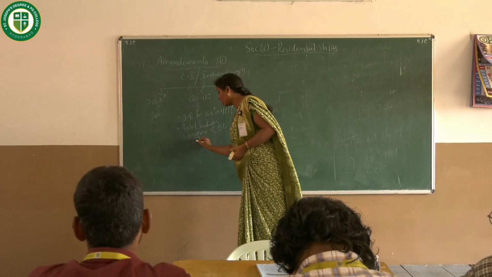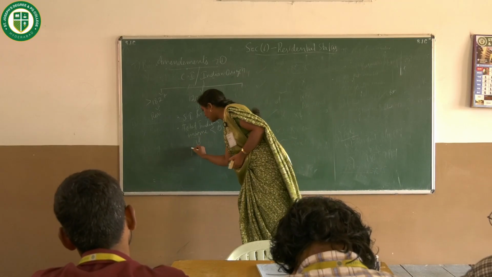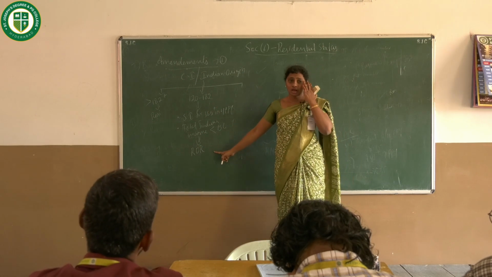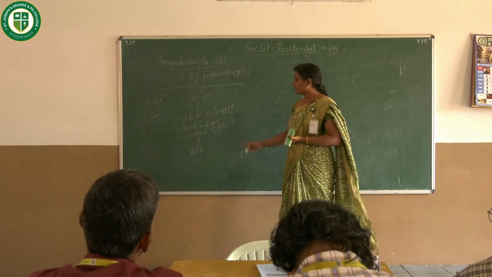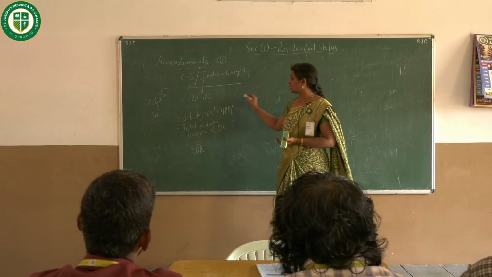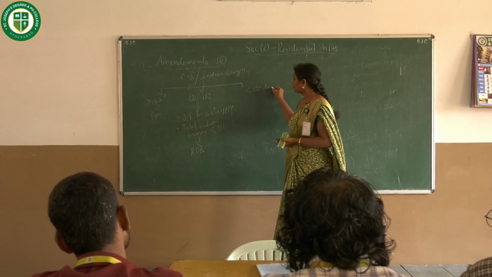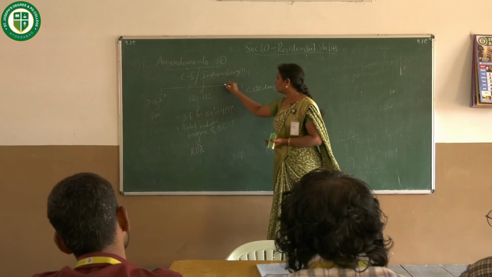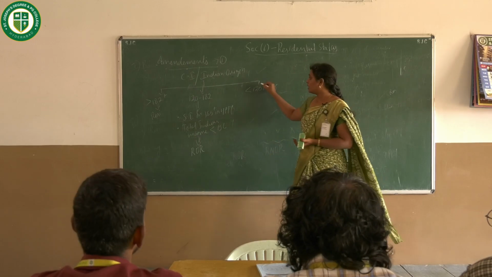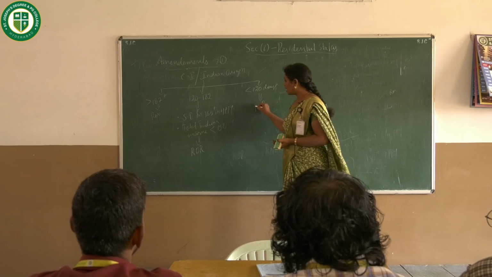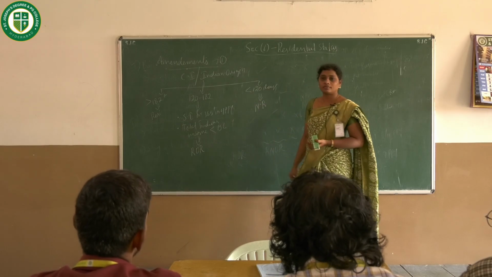Then he will be called directly ROR. Clear? If he does not satisfy these conditions and he is staying for less than 120 days, then directly this person will be called an NR. Understood?